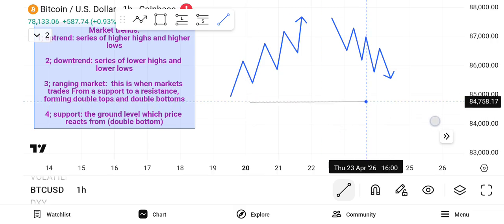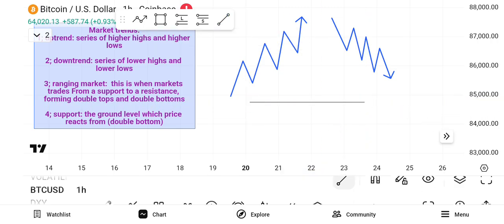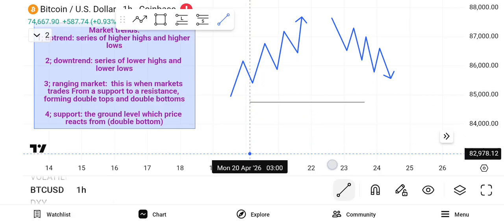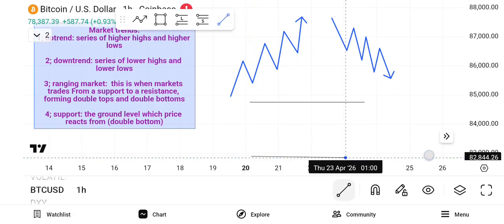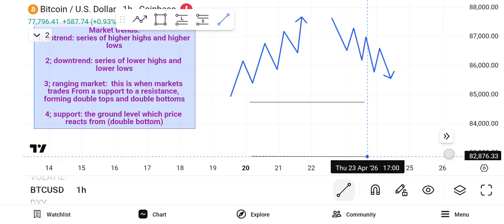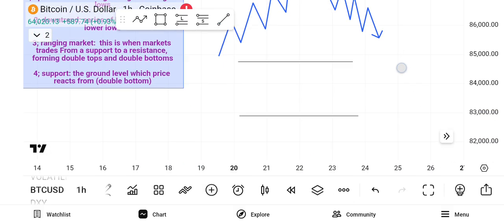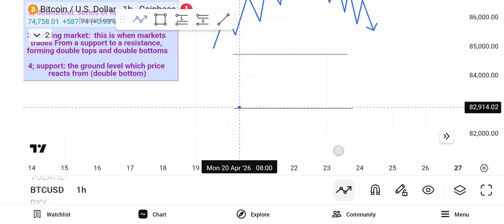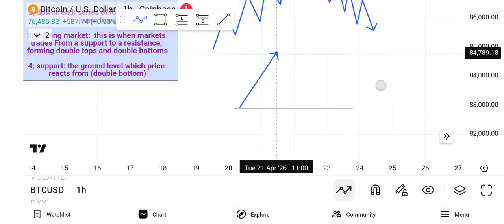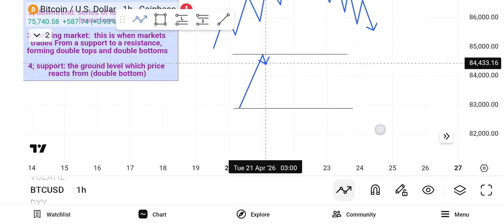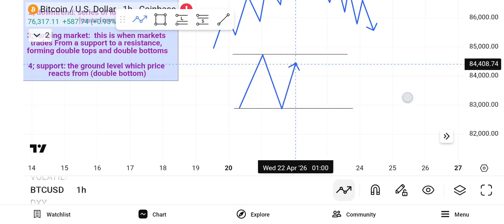Instead, price travels sideways. Price does not seem to go up nor go down. You see price traveling sideways.